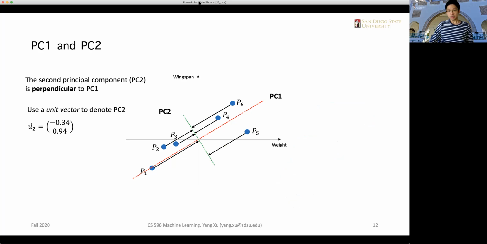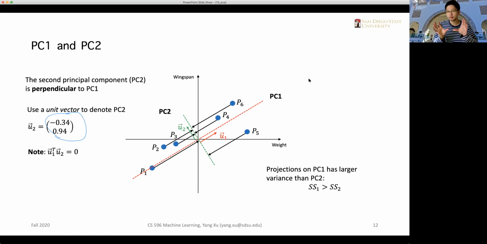It can also be represented by 2 numbers. As you can examine yourself, if we compute the dot product between u2 and u1, you will get 0, because these 2 are perpendicular.